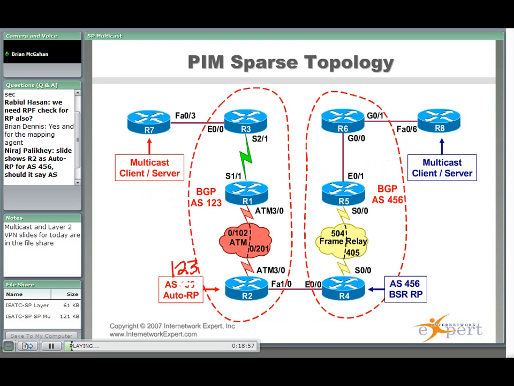So let's go ahead and enable multicast routing on routers 1, 2, and 3. We'll run PIM on the interfaces between them, and then we're going to distribute the rendezvous point information on router 2.